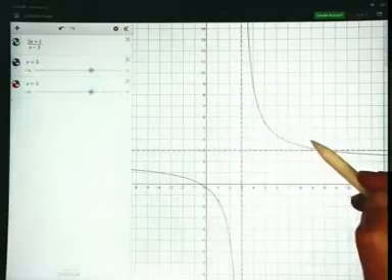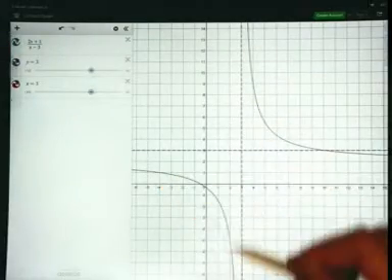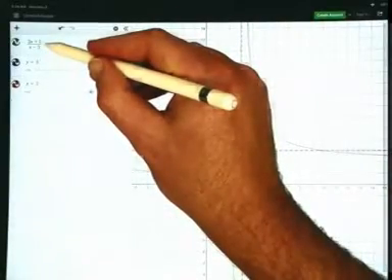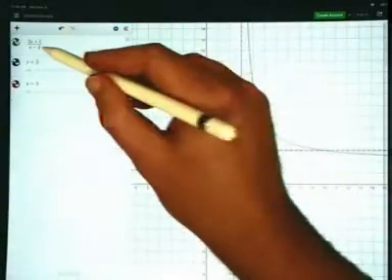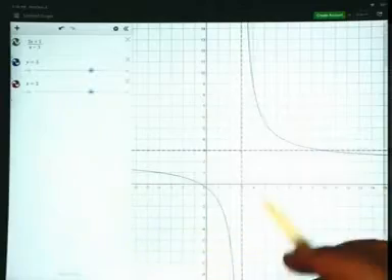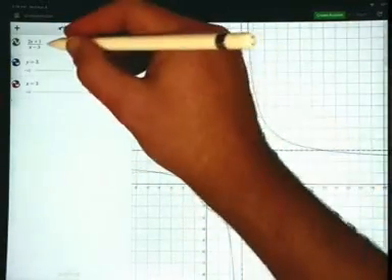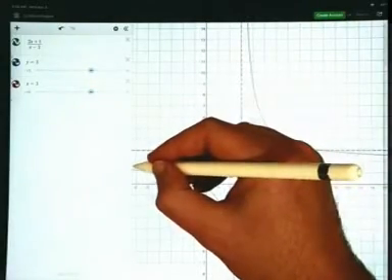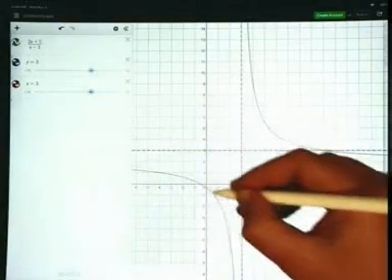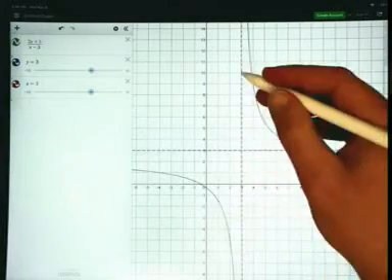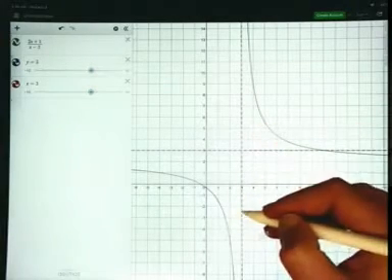The green curves that you see here represent the original function 2x plus 1 over x minus 3. When is this function less than 3? Well, it's less than 3 from negative infinity all the way up until you get to x equal to 3. At x equal to 3, you have that vertical asymptote.